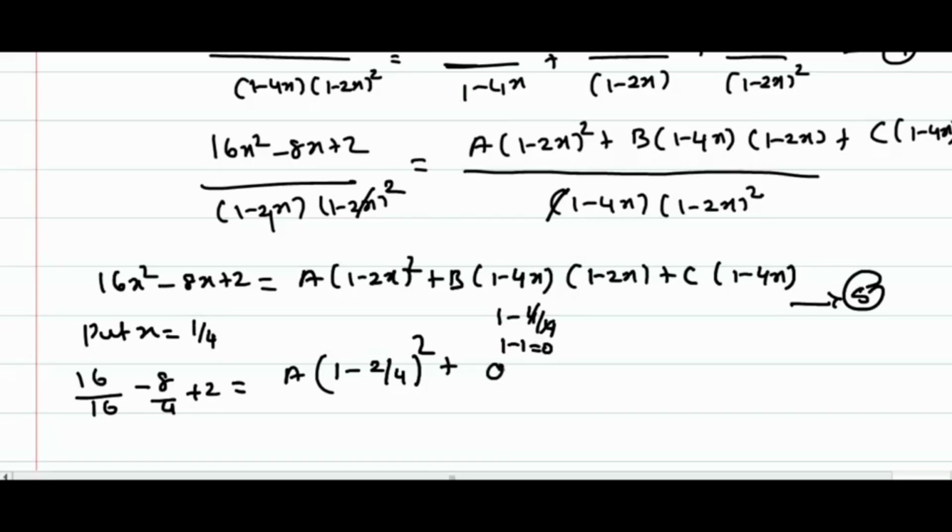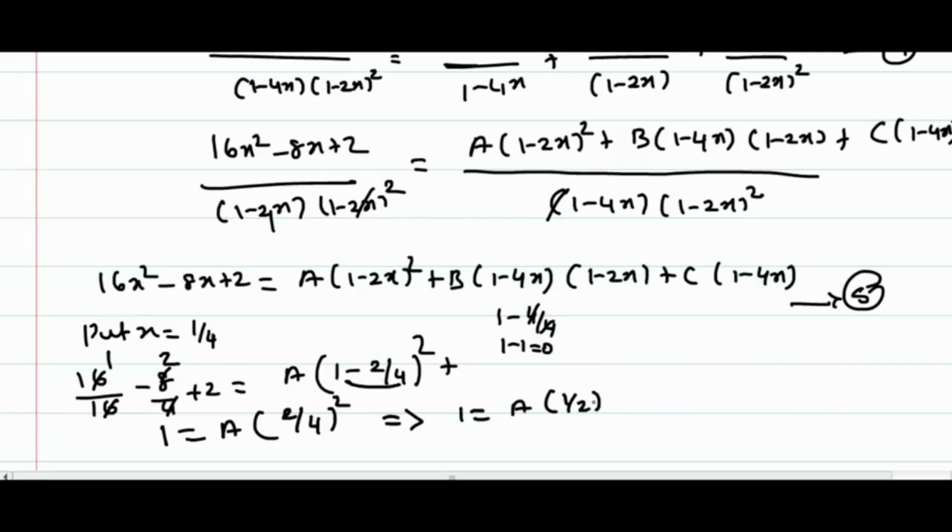So the B term is 0. Similarly, the C term is 0. Coming to the left hand side, 16 by 16 is 1, minus 2 plus 2 gets 0. So you get only 1 on the left hand side. On the right, you take the LCM, 2 by 4, that is nothing but A into 1 by 2 whole square. So that is nothing but A by 4 equal to 1. Therefore, A equal to 4.